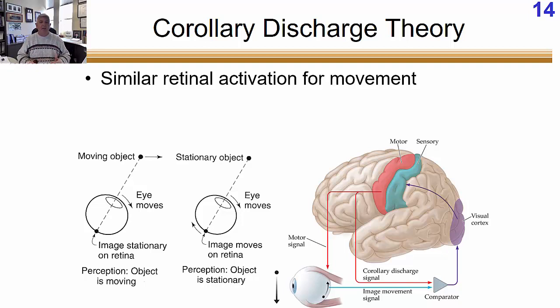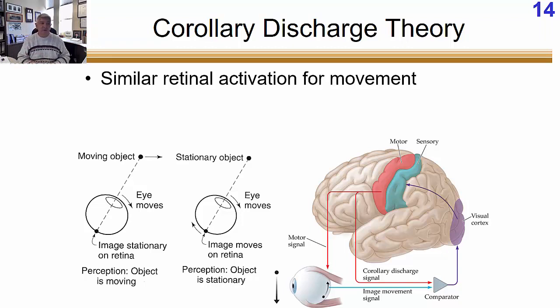And if I were to follow an object like this, then that object is staying stationary on my retina, but my eye is moving.